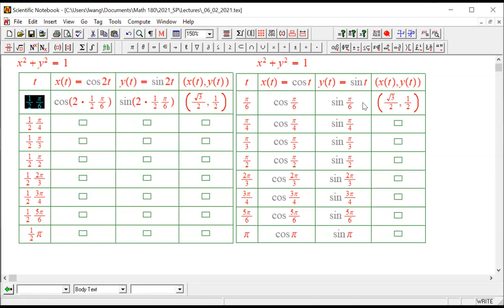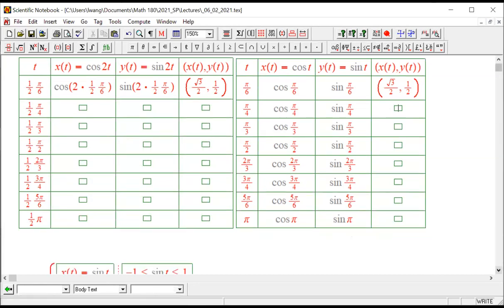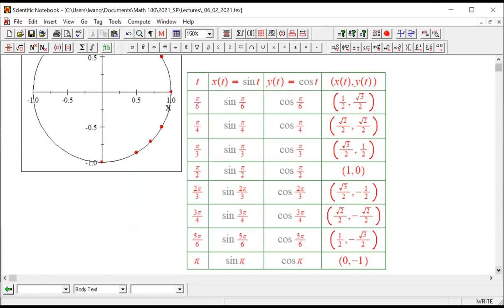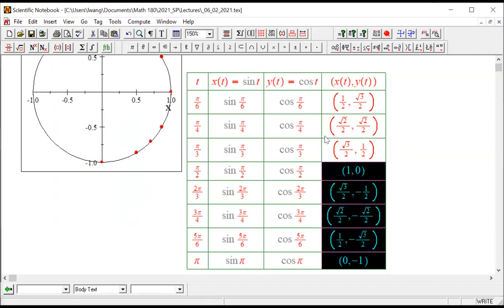Okay, do you guys see that? That's what I want you to see. And that's how I make the point. So now I want you guys to actually plot those points. Okay, I think I have a faster way to do this.